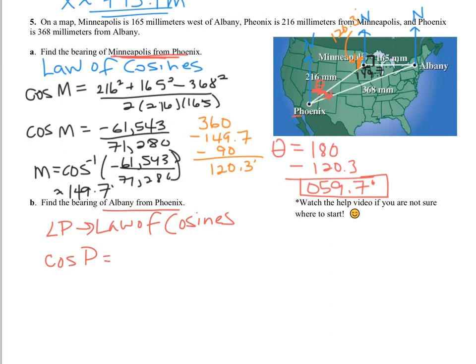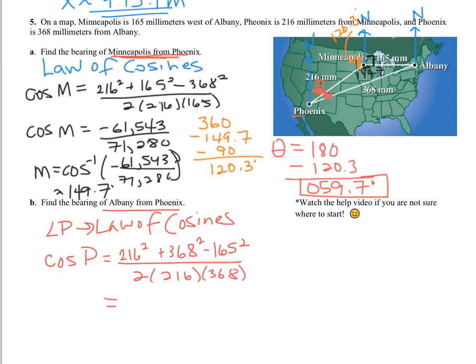So that means we're going to do side squared plus side squared minus the opposite side squared. This would be 216 squared plus 368 squared minus, directly across, would be 165 squared. All over 2 times 216 times 368.